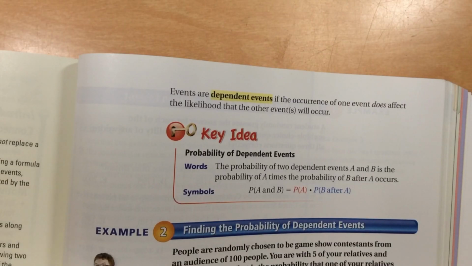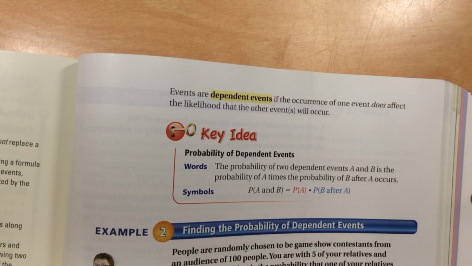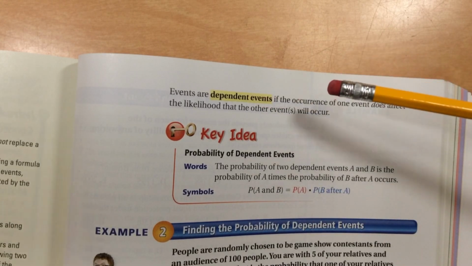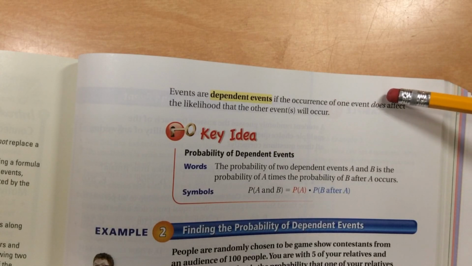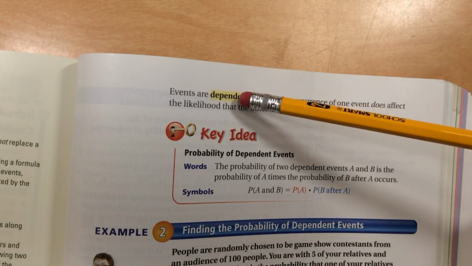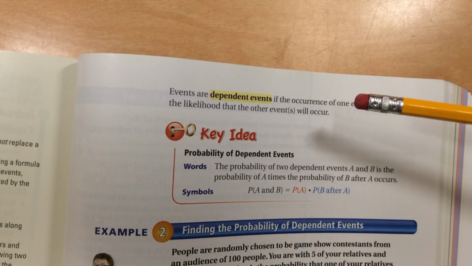Now, it makes sense that if we have independent events, then we're also going to have dependent events. And events are dependent events if the occurrence of one event does affect the likelihood that the other events will occur. So you have to think, does this first event affect the likelihood of the next event?